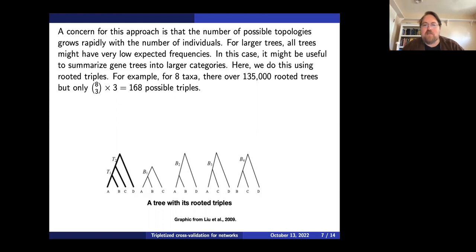And so you'll have higher counts in the different categories. So for 8 leaves, for example, you have over 135,000 rooted trees, but only 168 possible triples. And of course, this could be done with quartets instead of triples, but for this project, we just stayed in the rooted setting.